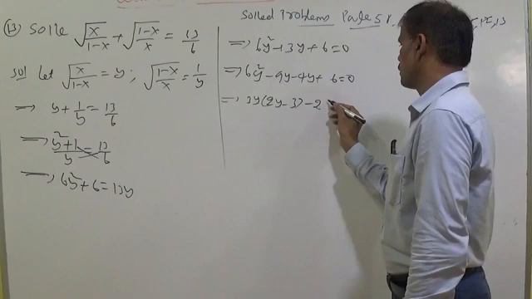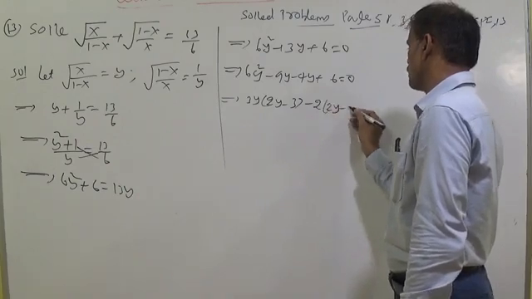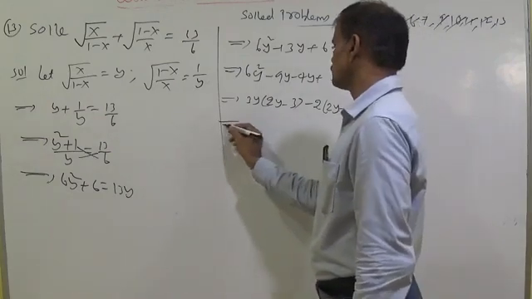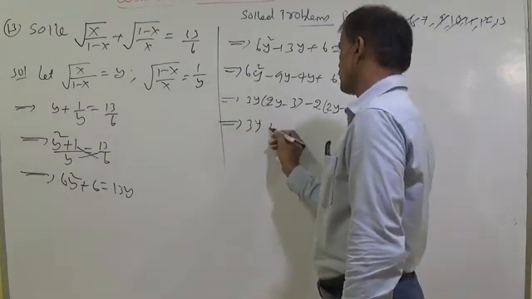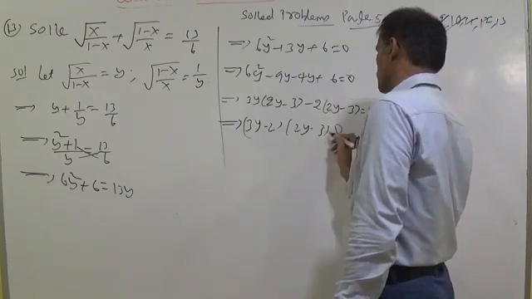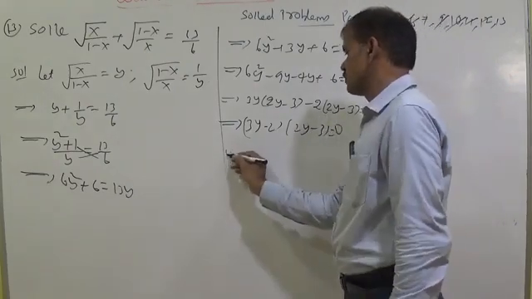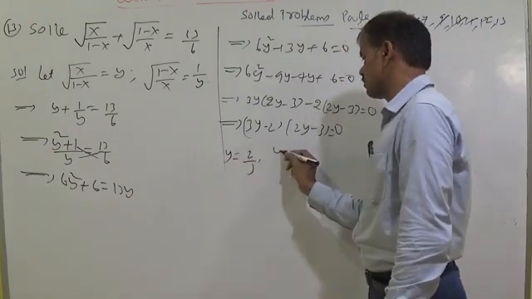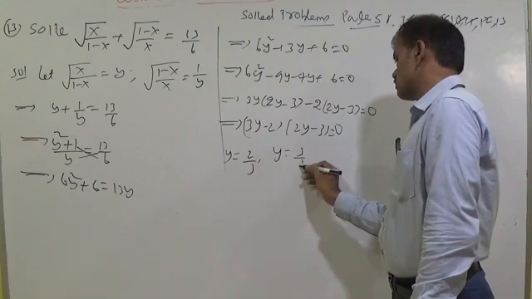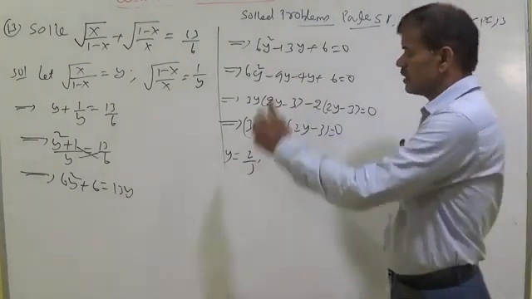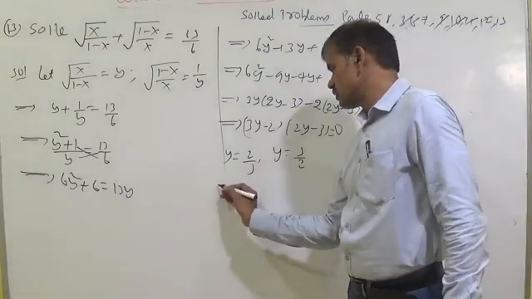Among the remaining 4y plus 6, take common 2, then it becomes 2y minus 3. That implies you can write 3y minus 2 into 2y minus 3 equal to 0. So y is equal to 2 by 3, y is equal to 3 by 2. We got the same reciprocal model.